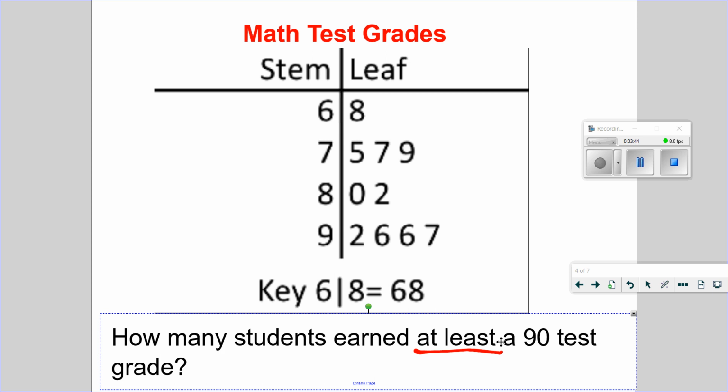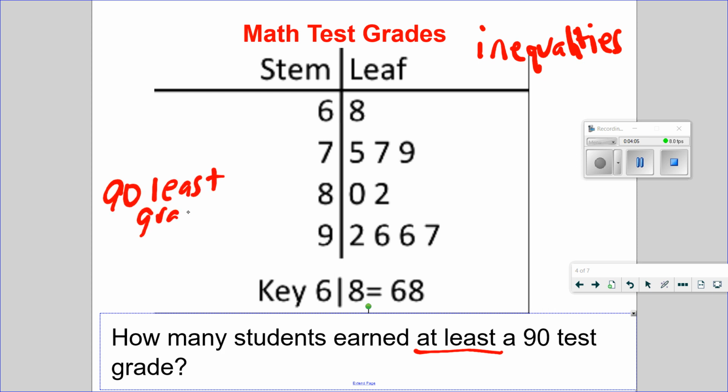So remember, we learned in inequalities. Inequalities are like the less than, greater than, less than or equal to, greater than or equal to. So earn at least a 90. That means 90 is the least grade. It's not like an A. So 90 is the least someone got.